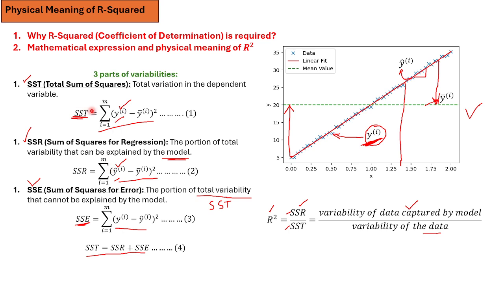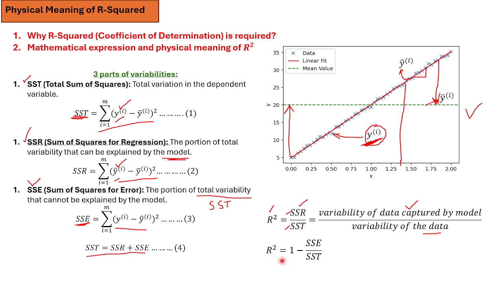There is quite a bit of difference, and this difference is represented by SSE. SSE is nothing but the difference between the actual value and the predicted value, which is causing the error, or which is causing our model not to predict the actual data properly.